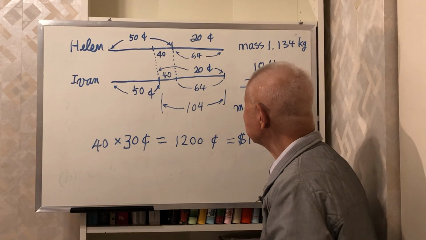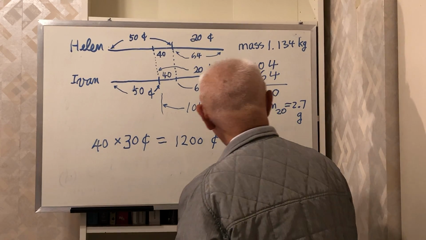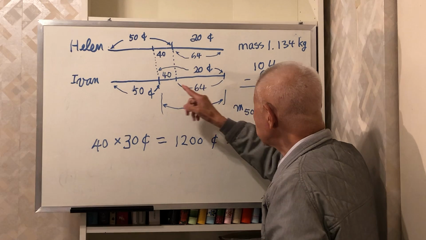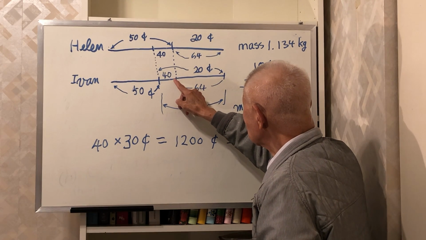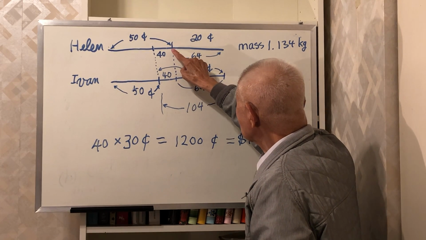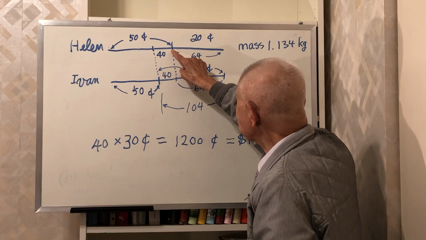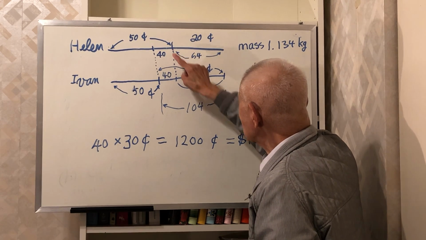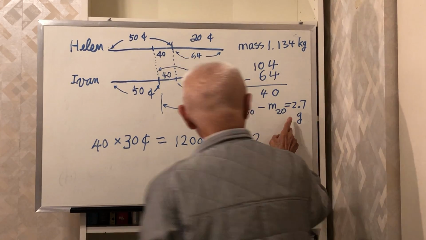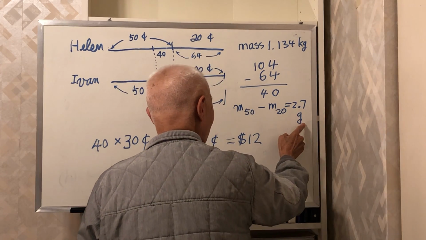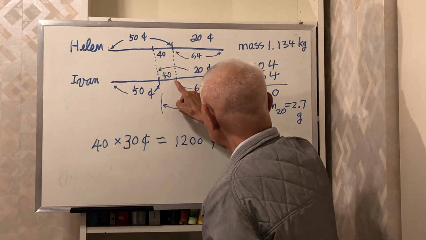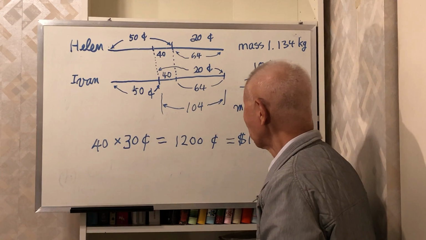For each coin, the mass of a 50-cent coin is 2.7 grams more than the mass of a 20-cent coin.